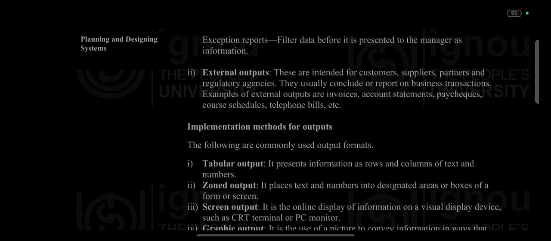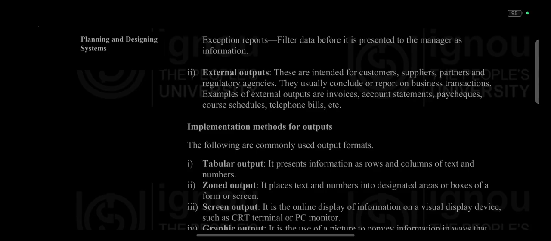Number 2, external outputs. These are intended for customers, suppliers, partners, and regulatory agencies. They usually conclude or report on business transactions.